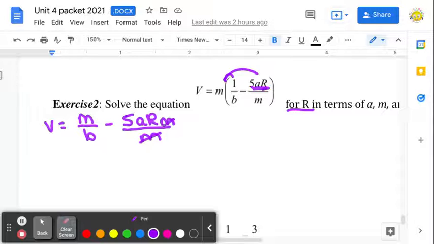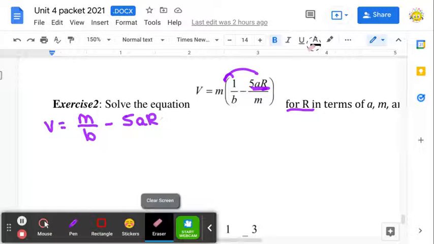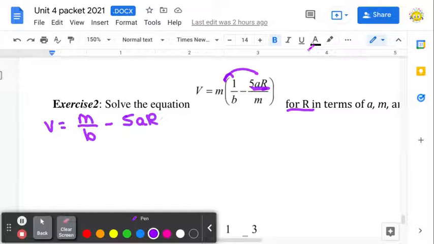These can cancel. Do I want to do that? Sure. It doesn't really matter, but I just canceled those out because I have M's on the top and the bottom, so I can get rid of that. I could have rewritten it, but you know how I write. So now we want to solve for R. I think I made this harder than it had to be.